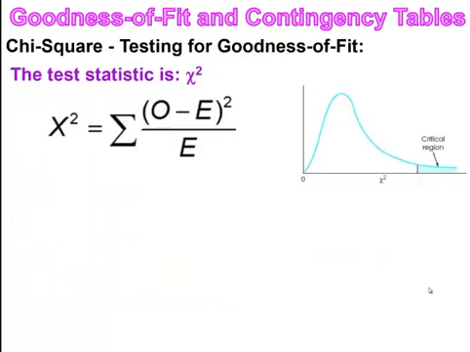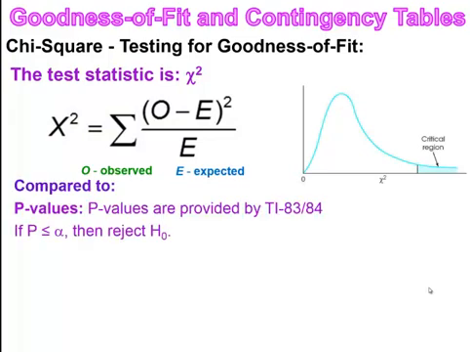So here is the chi-square goodness of fit formula to find the test statistic. This formula incorporates the observed data and the expected data, and this is what you would have to do to calculate your test statistic. Now we will be using the calculator to find this value.